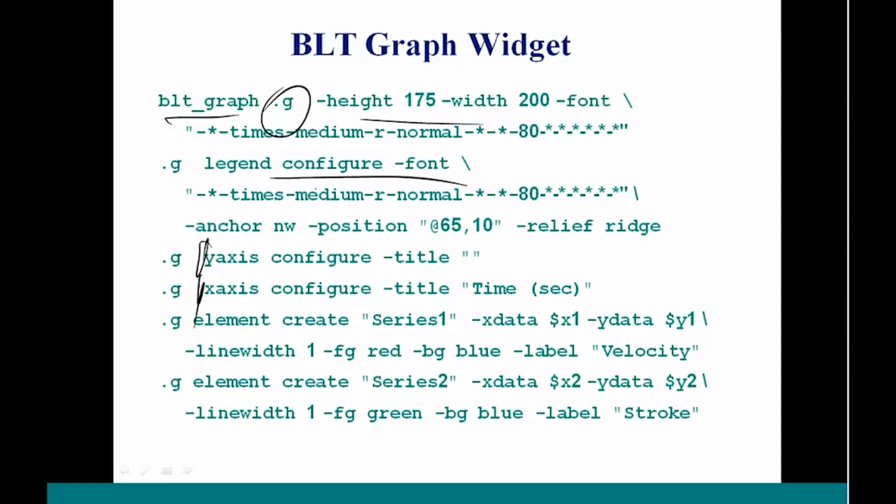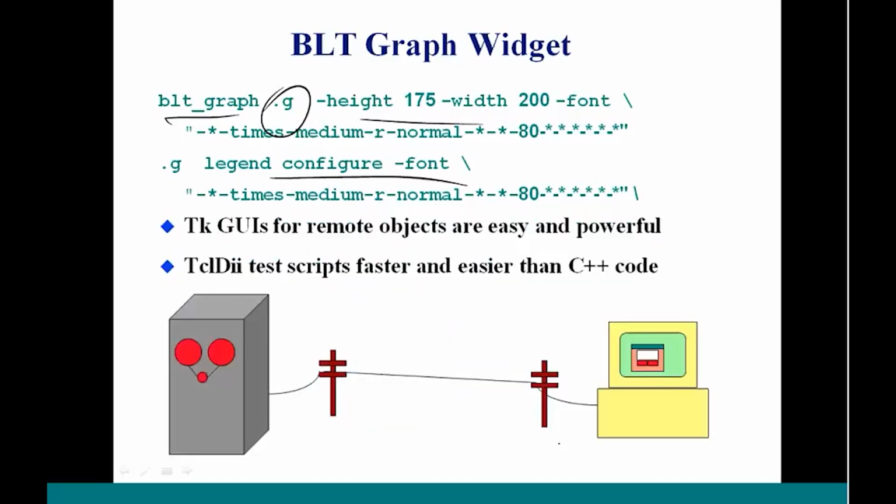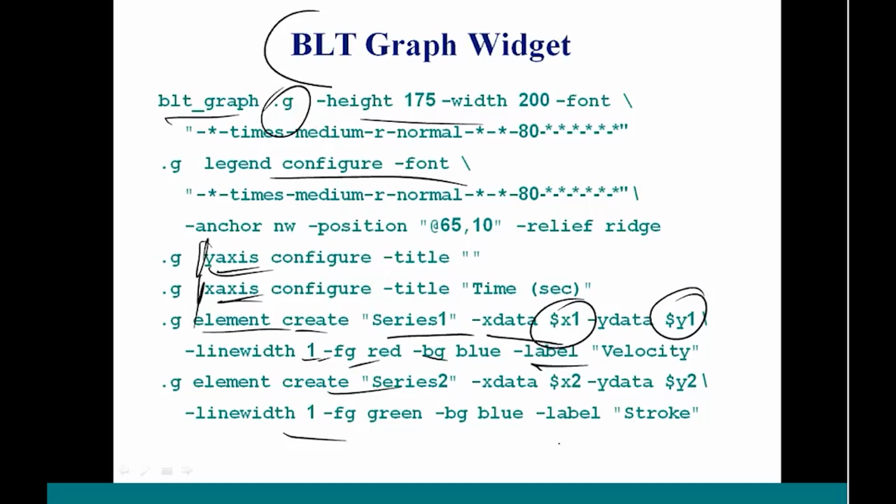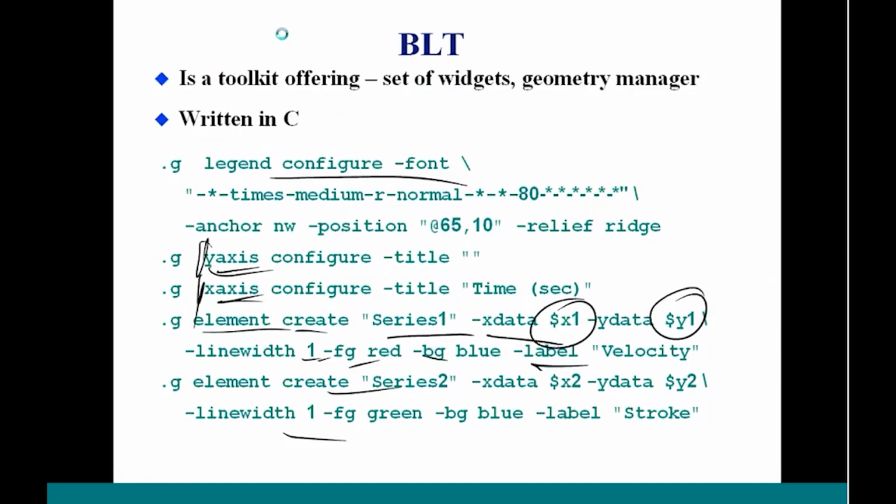Once we configure this and create the various axes, we then create the elements. Element create series 1, x data is $x1, y data is $y1, and then the line width, foreground, background, and so on. Similarly, we can plot another set of data as well. That's how the BLT graph widget is used, which is very common.